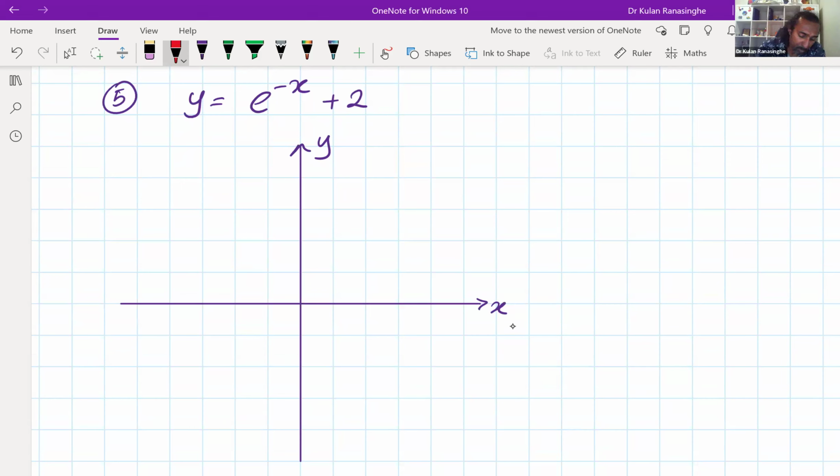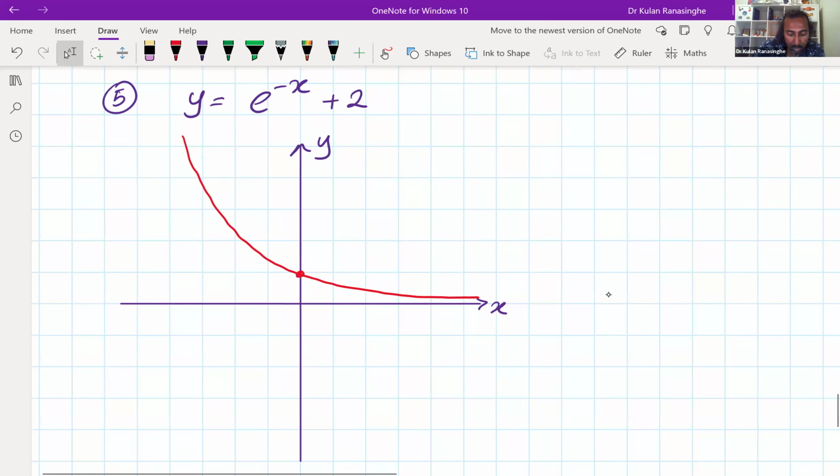So let's go in here with the exponential graph. It will come down and then die out there nicely. That's where the normal graph is, goes through 0, 1. However, now it is being translated 2 units in the positive direction of the y-axis.